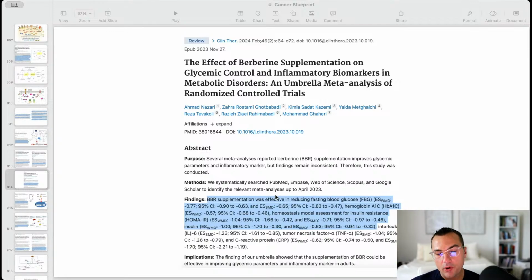We saw one paper, for example, that lowered A1C by 0.8%, which is a great number, right? We would love to see everybody's A1C go down by 0.8% or more by using berberine. But was the reason the average is 0.57% or 0.54% because they're using studies where they used underdosed amounts of berberine? They're not really looking apples to apples. I would want to believe they're trying to make them homogenous across the board, but I don't know for a fact. We have to look into the methods a lot more.